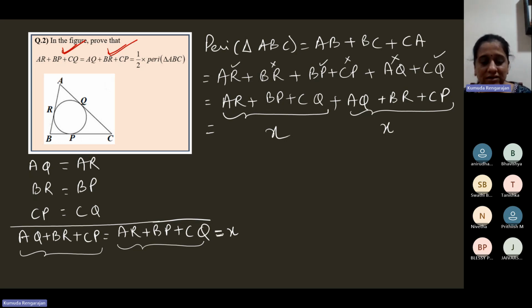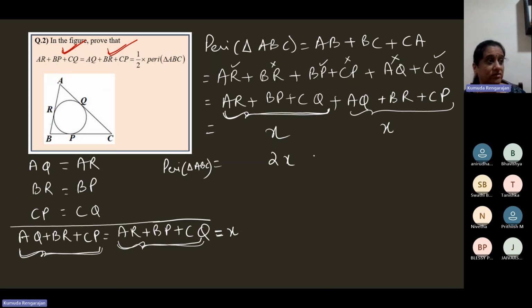So I've called these two expressions X. AR, BP, CQ is equal to X. AQ, BR, CP is equal to X. Clear? So this is equal to 2X. Above we have perimeter of triangle ABC is equal to AB plus BC plus CA, an equation we started with. So the perimeter of triangle ABC is equal to 2X.